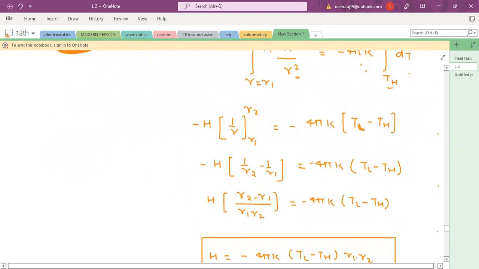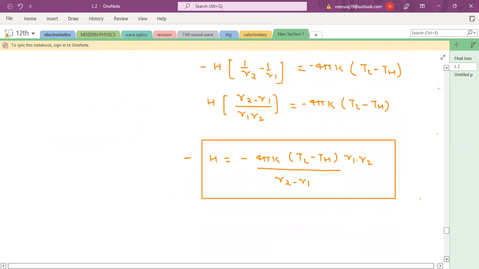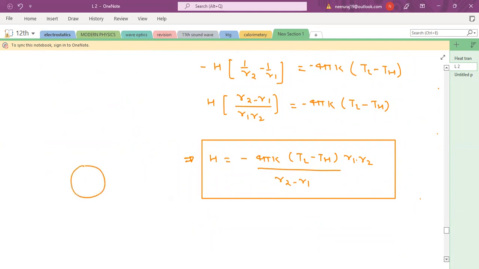We will integrate and substitute all the values, and this is the formula for heat current in the concentric spheres, where the inner radius is r1, the outer radius is r2, and the material filled between the two spheres has a constant thermal conductivity K. So this formula is minus 4 pi K, (T low minus T high), r1 r2 divided by (r2 minus r1).